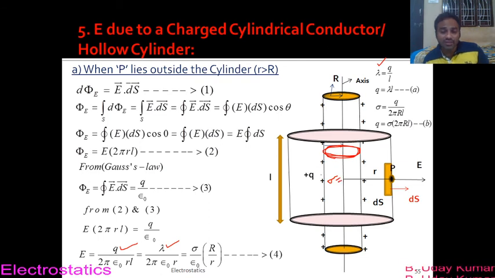The charge we assumed to be present inside this Gaussian cylinder is Q. So to find sigma, the definition is charge per unit area, so you divide the total charge Q by its surface area.